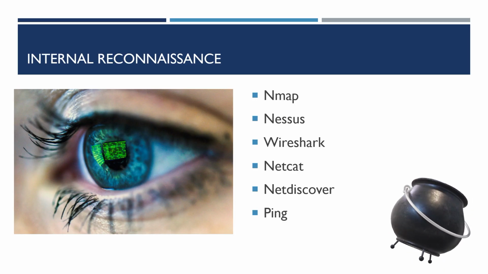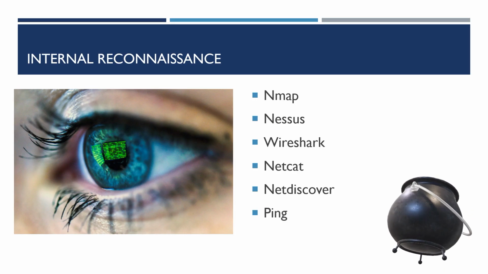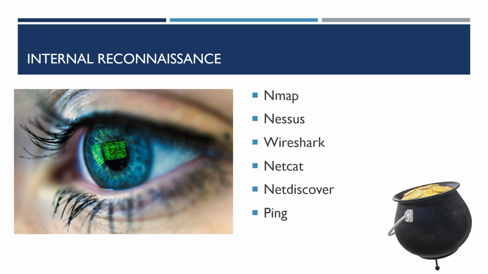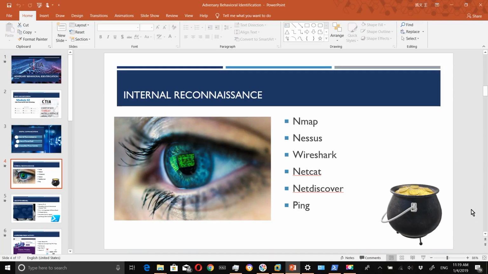They want to get your data. So they're going to be using tools to reconnoiter your internal network. And those tools are going to be tools like Nmap, Nessus, Wireshark, Netcat, NetDiscover, and Ping. And so what we want to be able to do is scan for those types of activities.